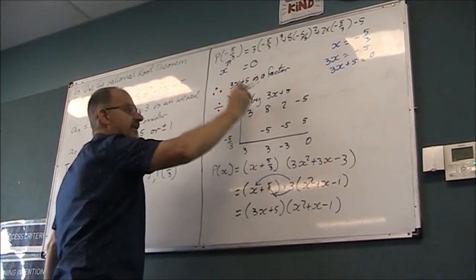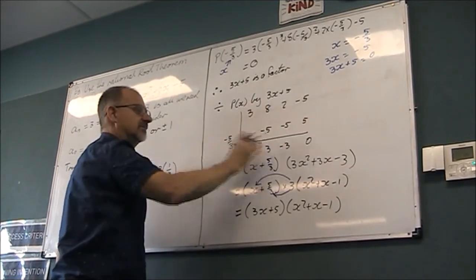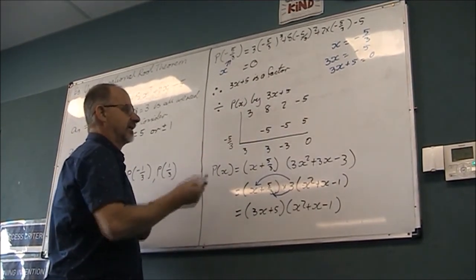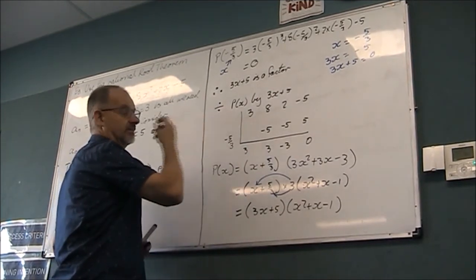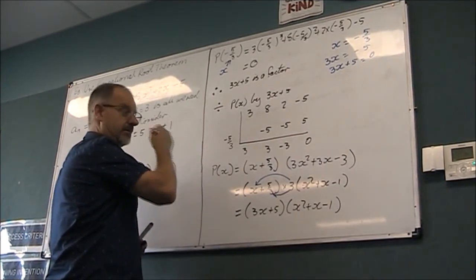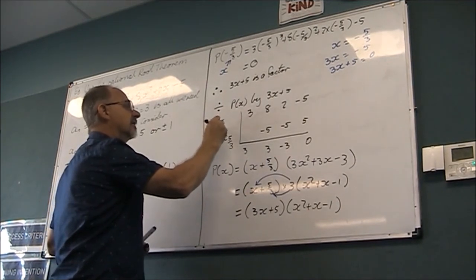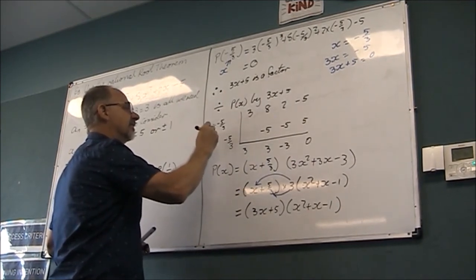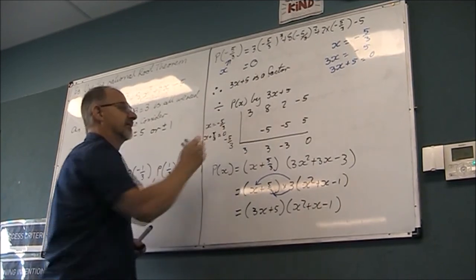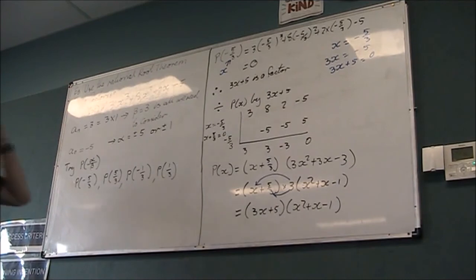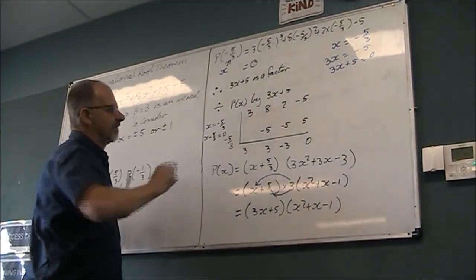We're putting the x value into that. It's like x equals -5 thirds, so x plus 5 thirds is equal to 0. And so that's what goes here.